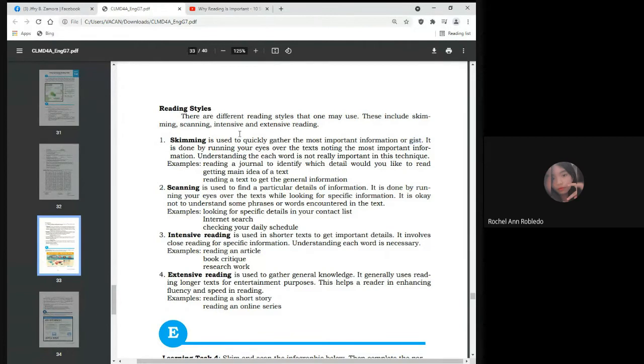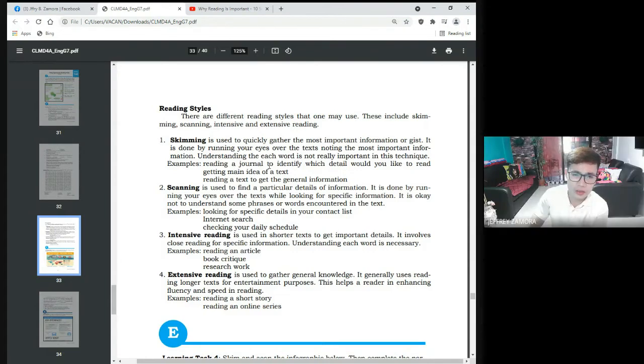It is done by running your eyes over the text, noting the most important information. Understanding that each word is not really important in this technique. Example, reading a journal to identify which detail would you like to read, getting the main idea of a text, reading a text to get the general information.